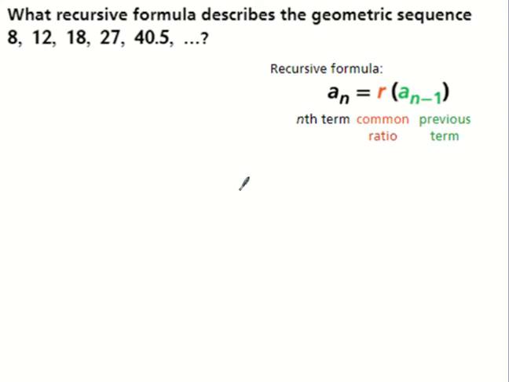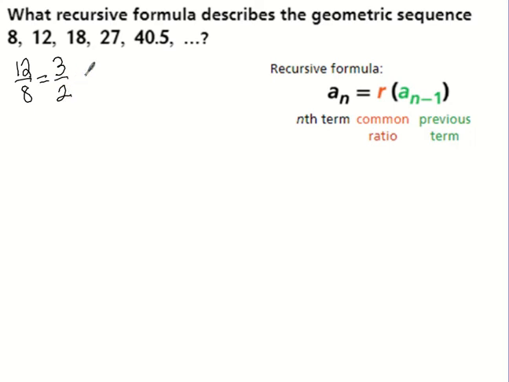We first have to find that common ratio and see if they all match. Thankfully, it told us it's geometric, so I would do 12/8 and reduce, and I would get 3/2.